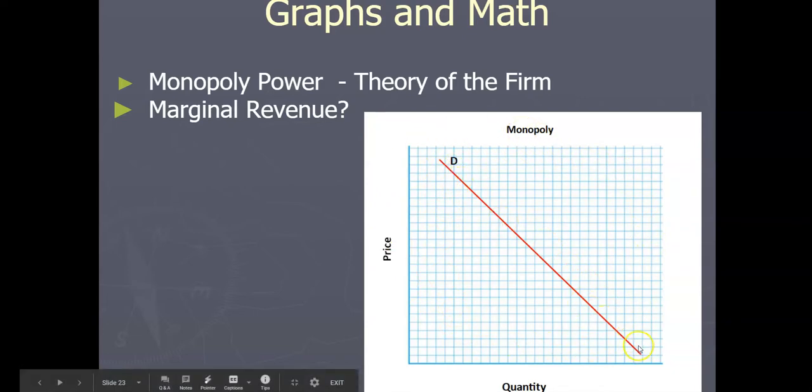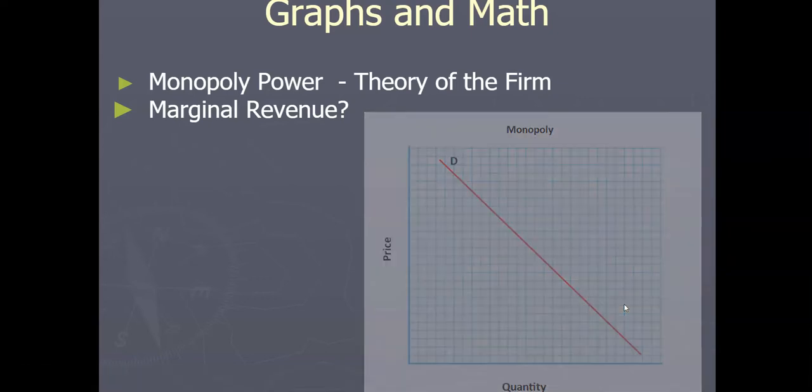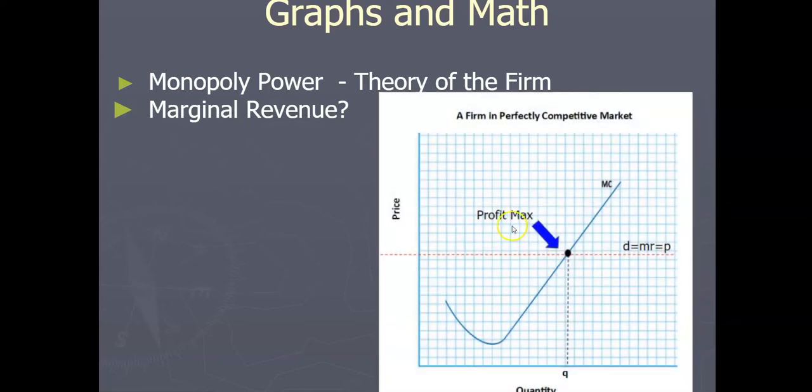The market demand and the market supply is the monopoly demand and the monopoly supply because in a monopoly there is one producer that produces for the entire market. So this is the market curve as well as the firm's demand curve, which again is very different than a firm in a perfectly competitive market. A firm in a perfectly competitive market has a perfectly elastic demand curve.